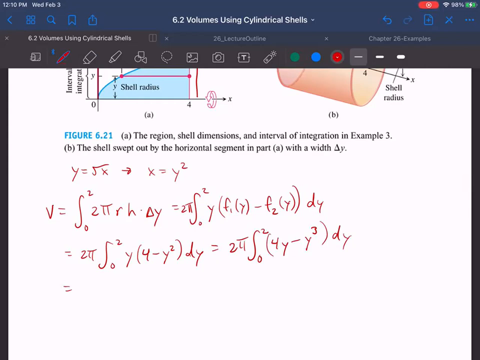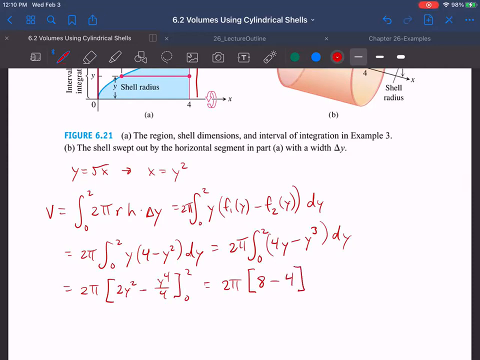Looking good so far? And then this becomes 2 pi times 4y becomes 2y squared minus y to the 4th over 4 from 0 to 2. And then we can plug in 2, so this becomes 2 pi, and then we've got 2 squared times 2 is 8, minus 2 times 2 times 2 times 2 divided by 4, which is 4.